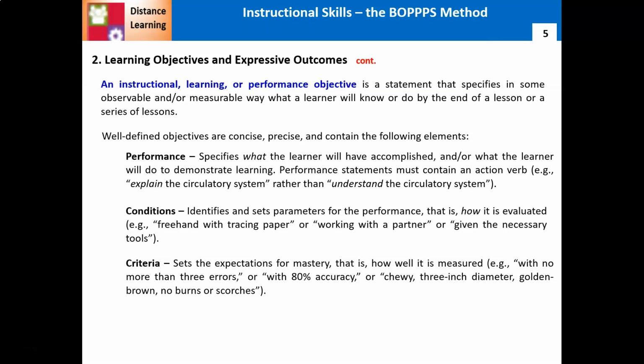First, performance: the performance should be well specified in the learning objective. The condition: under which condition this performance will be demonstrated. And the criteria: what are the specifications for mastery, that is, how well it is measured, and so on.